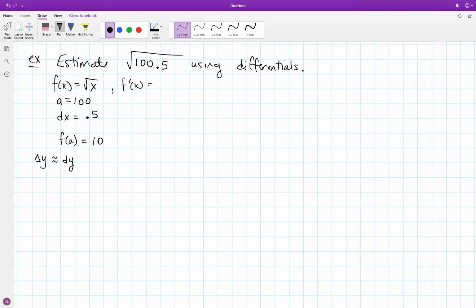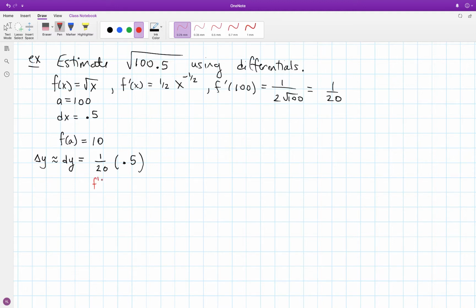f prime, of course, is 1/2 x to the negative 1/2, and f prime at the number of interest is 1/2 square root of 100, so we're looking at 1/20. So dy is going to be f prime of the a value, in this case 100, which I've just computed, times dx, which is 0.5. I'll be clear about this: this was f prime at a, and this is dx or delta x.